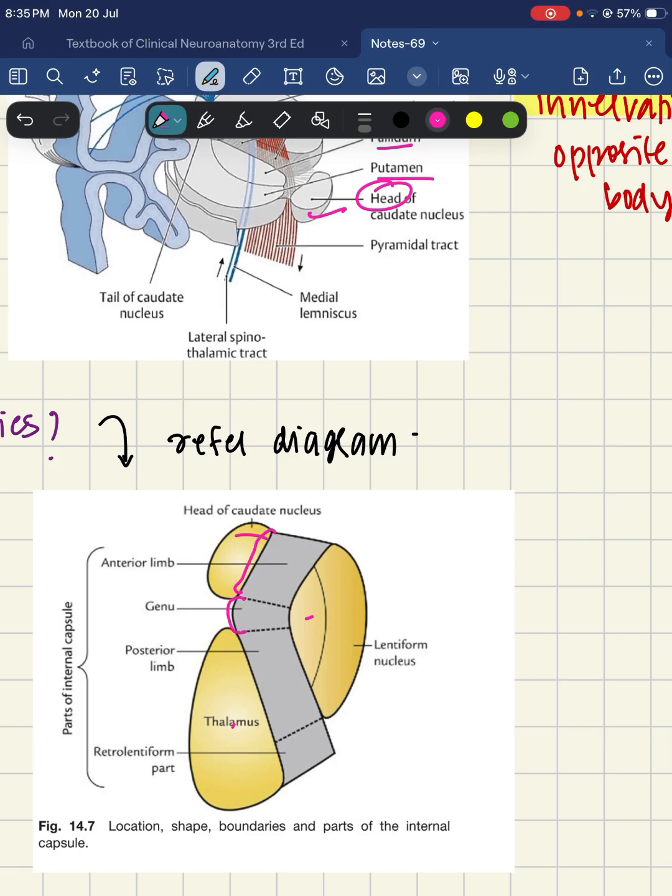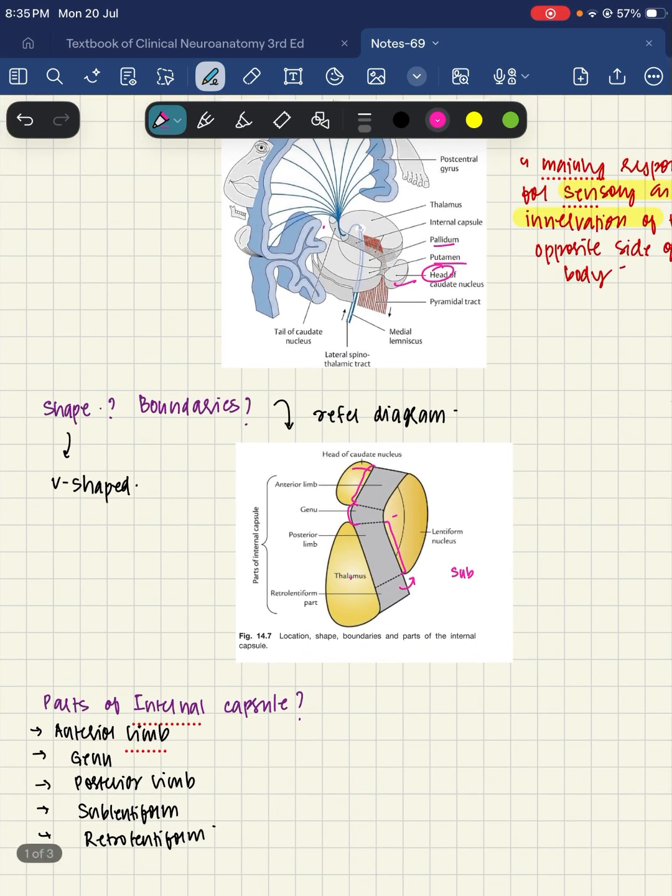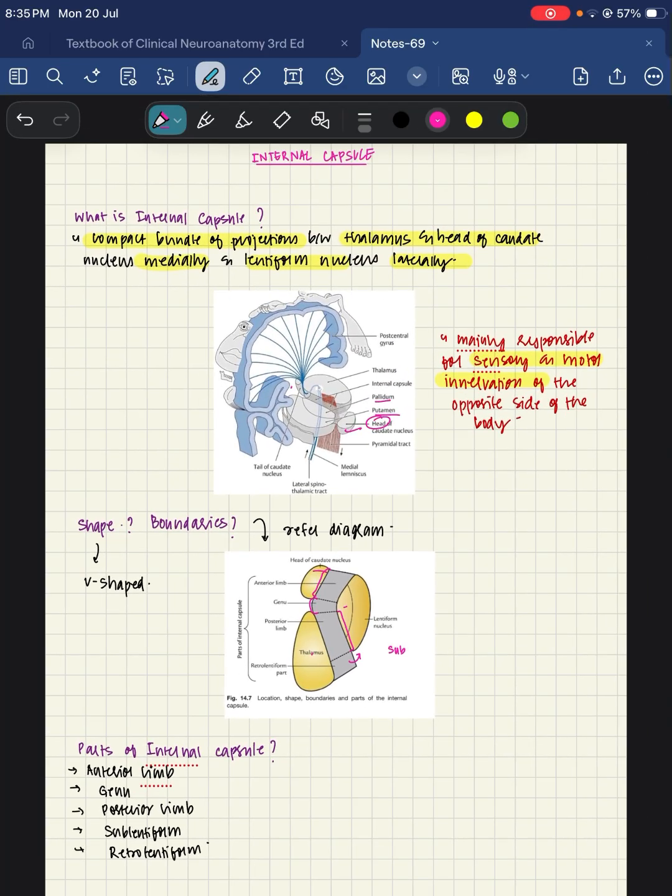The bend is known as the genu, and from the bend to over here is the posterior limb. There is also a part behind the lentiform nucleus, which is the retrolentiform part, and another part not seen in this figure, the sublentiform part. These five parts are the constituents of the internal capsule.